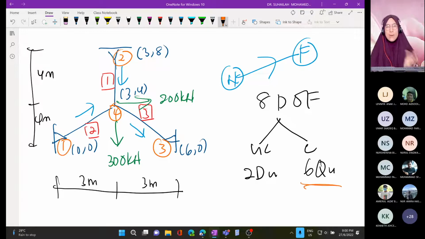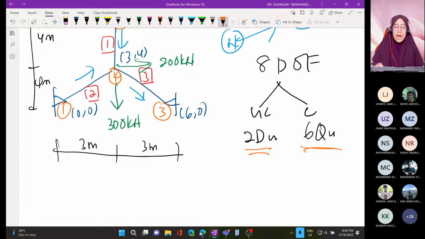So to complete 8, there are remaining 2. So the 2 will be located under the unconstrained system, and this unconstrained system has unknown displacement.